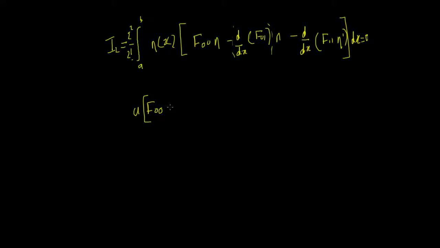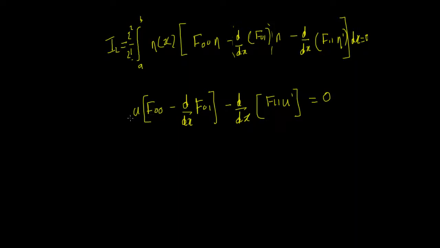Okay, that's u minus d by dx of f01 minus d by dx of f11. Okay, and that's u derivative. Okay, so we could find a function u that made this equal to 0.